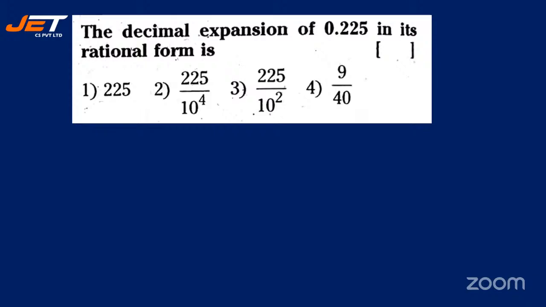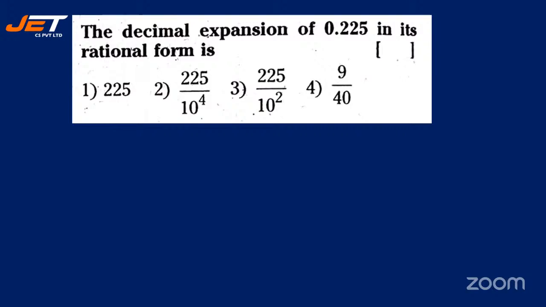The decimal expansion of 0.225 in its rational form is dash. Let me repeat the question. The decimal expansion of 0.225 in its rational form is 225, or 225 by 10 power 4, or 225 by 10 square, or 9 by 40.